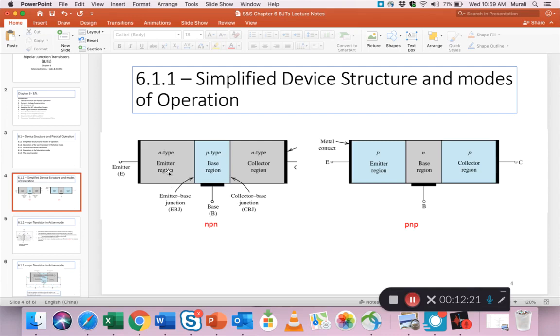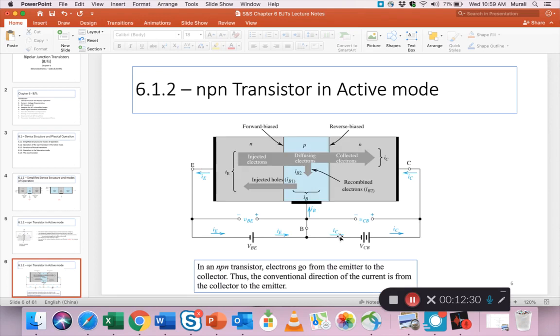On slide 4 we just named the regions: emitter, base, collector, N-type, P-type, N-type, or the opposite here on the right side. But now we are going to mostly study NPN, because for PNP, almost everything follows the same logic, but with the polarities reversed. Otherwise the behavior is the same. So prepare to focus a lot on the NPN transistor.